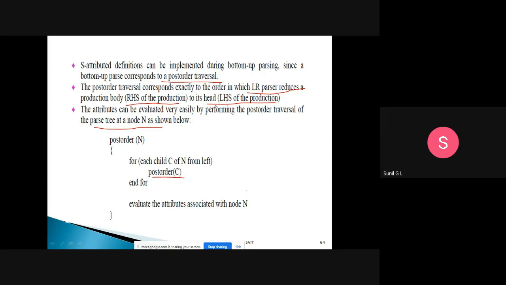If the attributes in a production are synthesized attributes, then we call it an S attributed definition. In that we use the bottom up approach, with a post order traversal: left, right, and head.